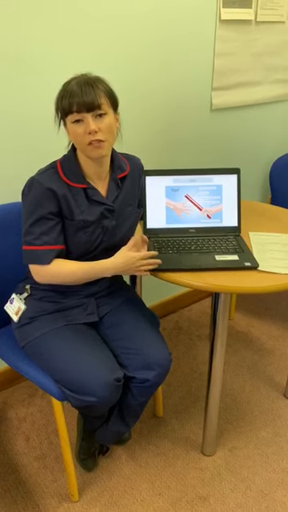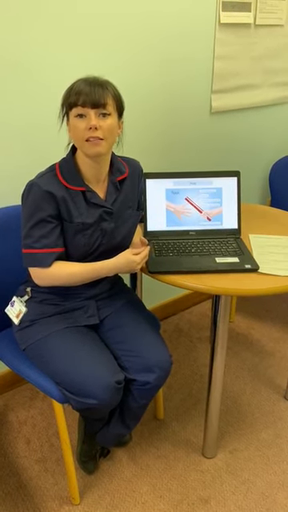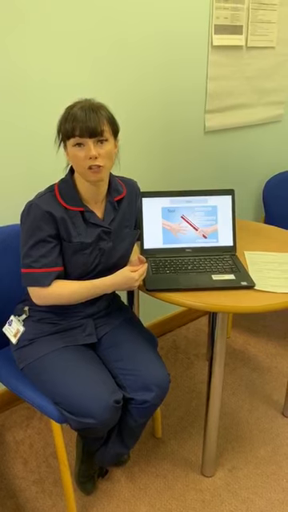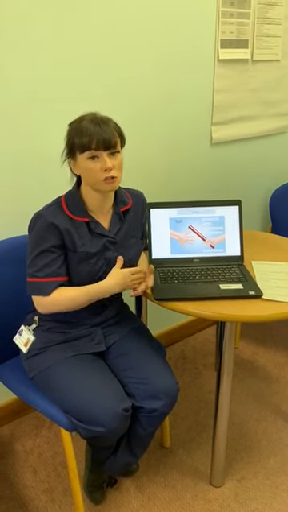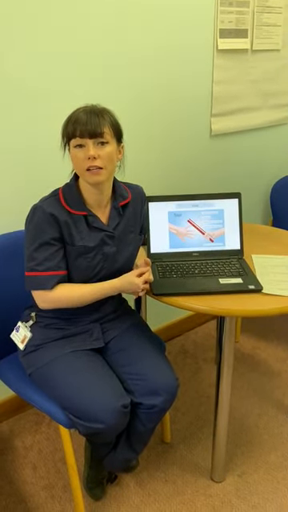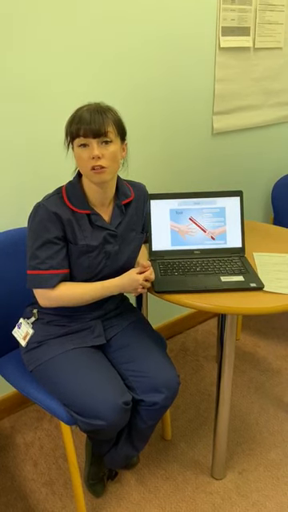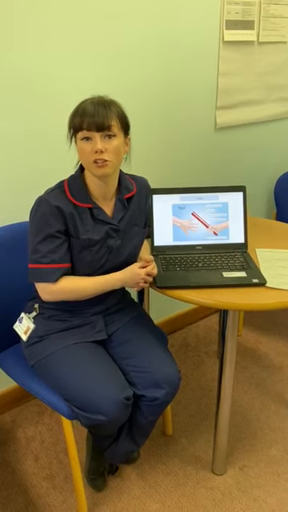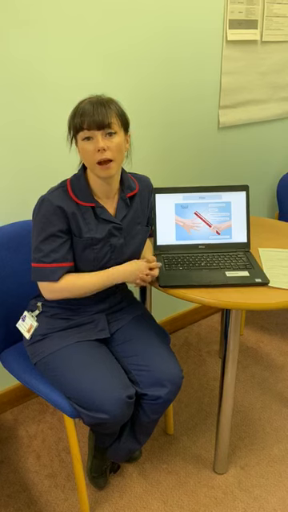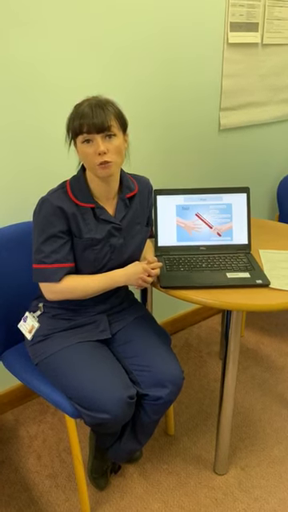So we can have that conversation and understand what it is that is happening with our patients, and we can question, is the fluid balance still needed? Is the patient able to eat and drink normally? And actually we don't need to think about it. It's about trying to reduce our workload as well.